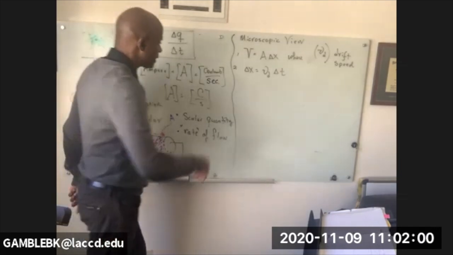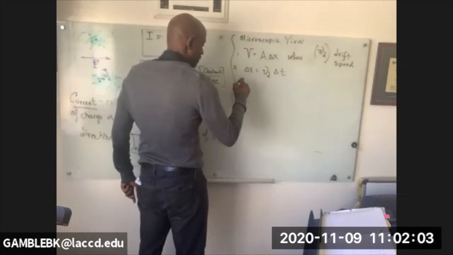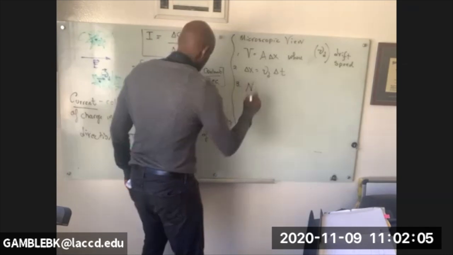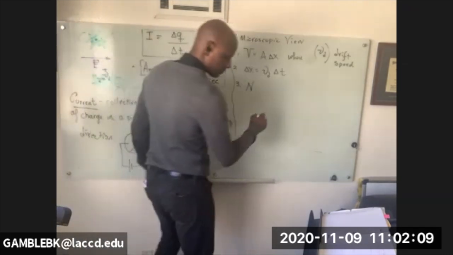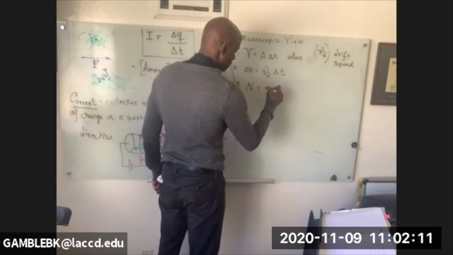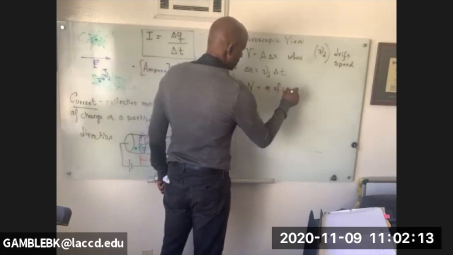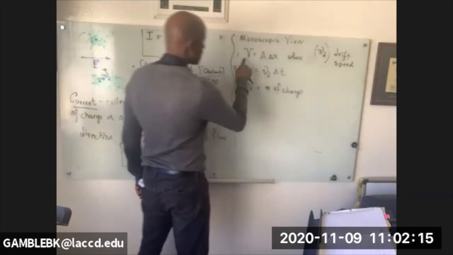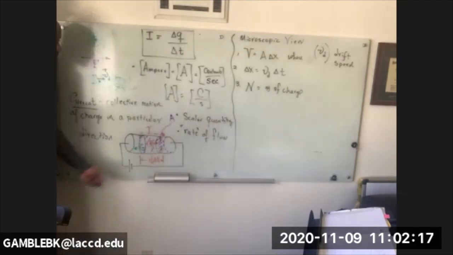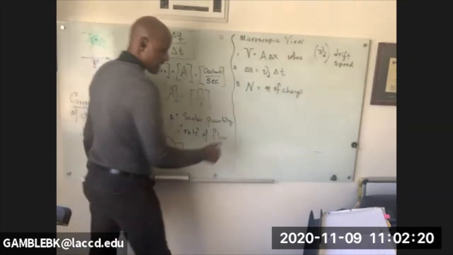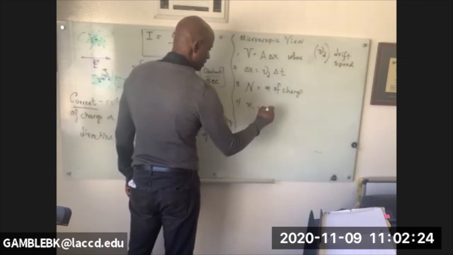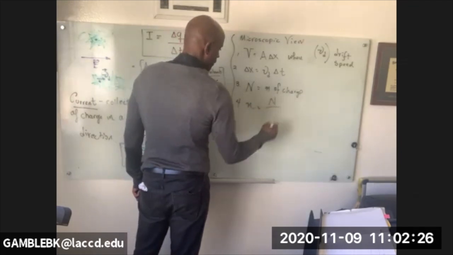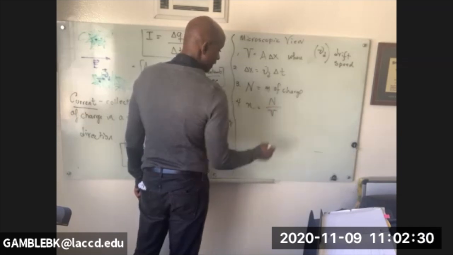Now, capital N is always going to be a number. It's the number of free charges within this volume. But if we have a volume and a number, we can define a number density. Small n is defined as the number density: the total number of charges within a particular region divided by that volume.